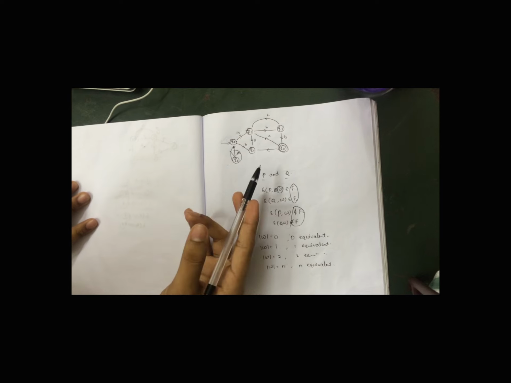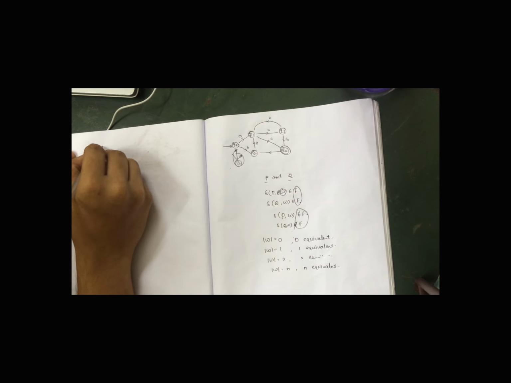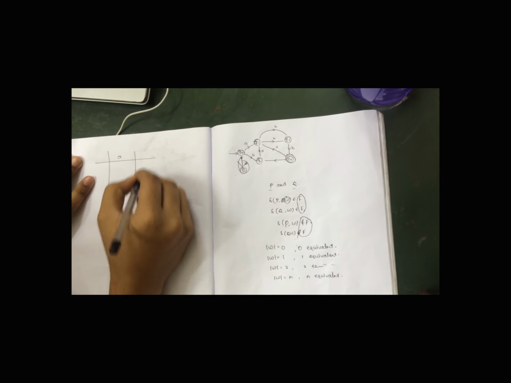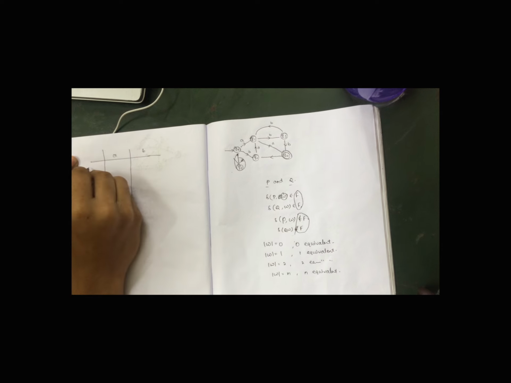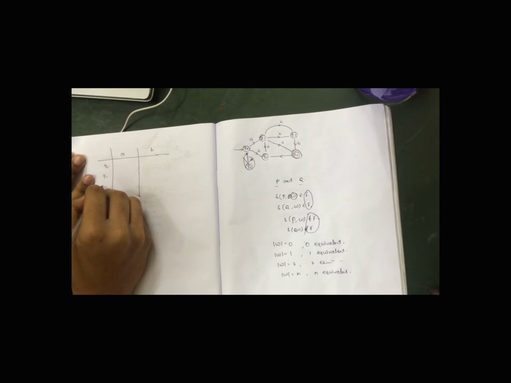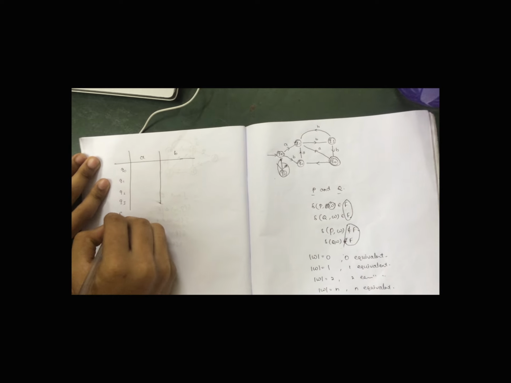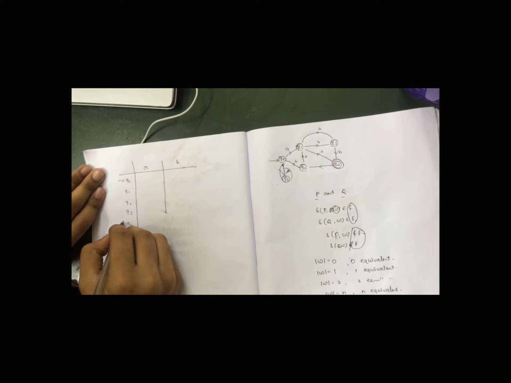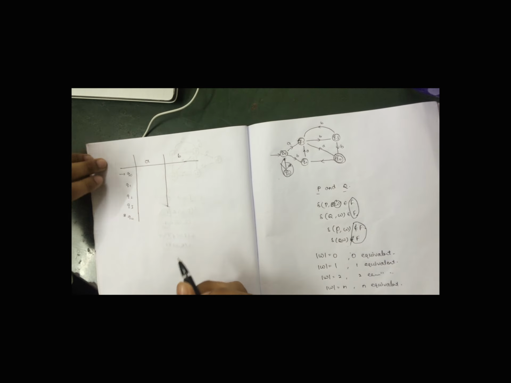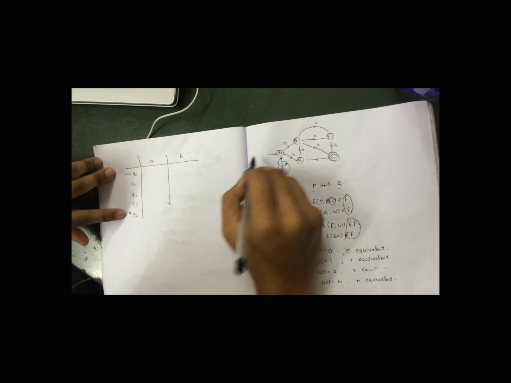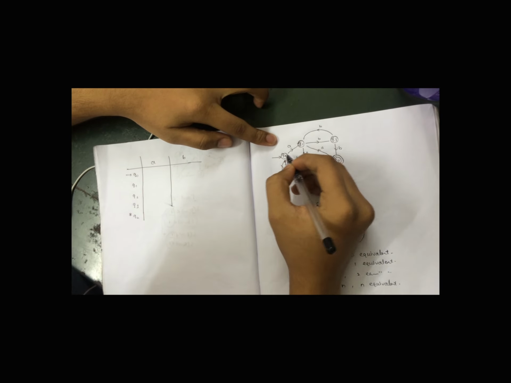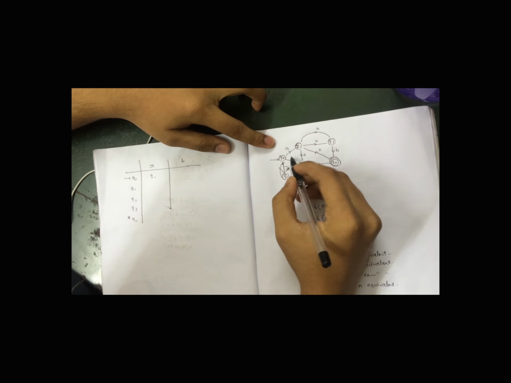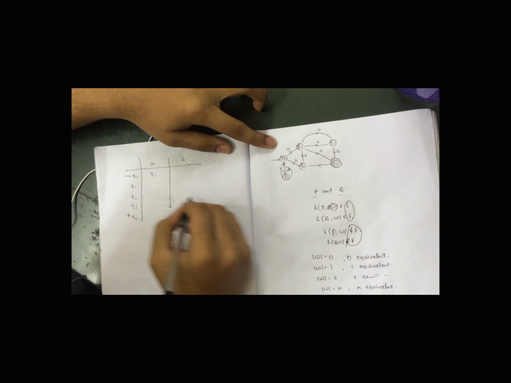Now let us draw the state transition table of this diagram: Q0, Q1, Q2, Q3 and Q4. Q0 is the starting state and Q4 is the final state, so let us mark it with a star. Now see this. Q0 on A goes to Q1, and Q0 on B goes to Q2.